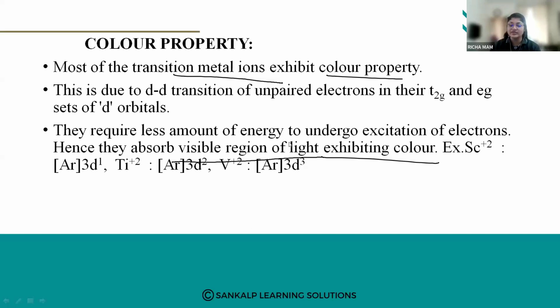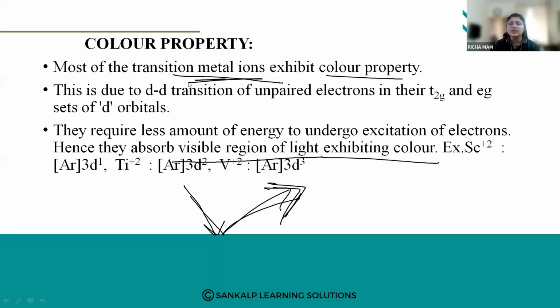They take the light and they transmit the remaining light, which is called complementary to the color that is absorbed. So the complex will show the complementary color of the absorbed color.